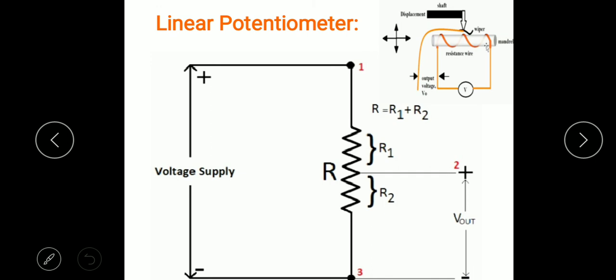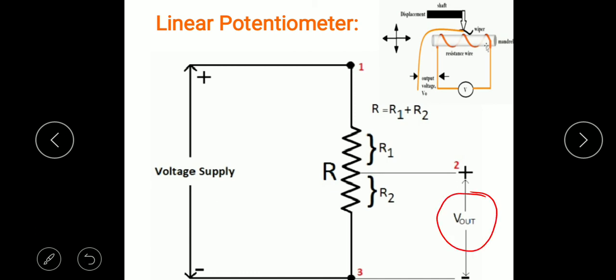Then the whole value of resistance will be R, and the input voltage will be V. What will happen when the wiper moves is that the resistance value will change. When the wiper moves toward 3, the resistance value will reduce, and if the wiper moves toward point 1, or in the upward direction, then the R2 resistance value will increase, and from R2 we will get the output voltage.